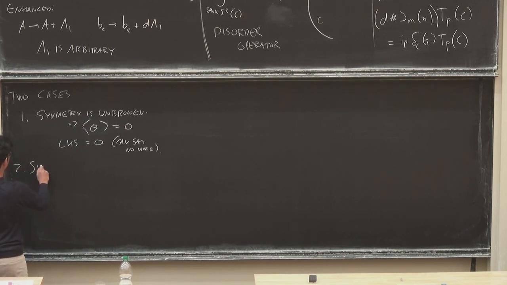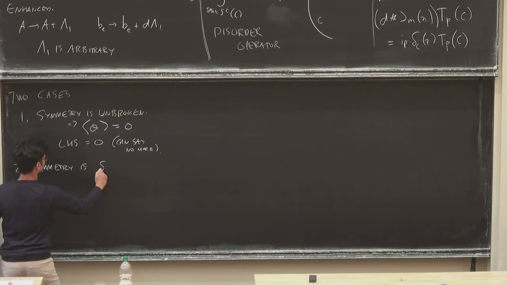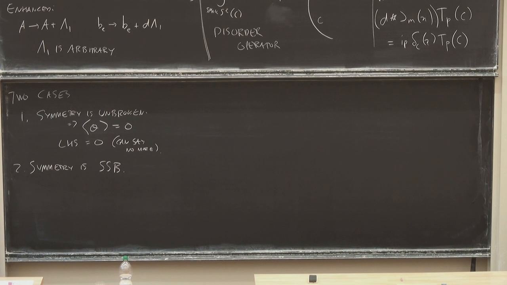Now, imagine the symmetry is spontaneously broken. In that case, O is not 0, by definition of spontaneous symmetry breaking. But that means the left-hand side is also not 0, right?